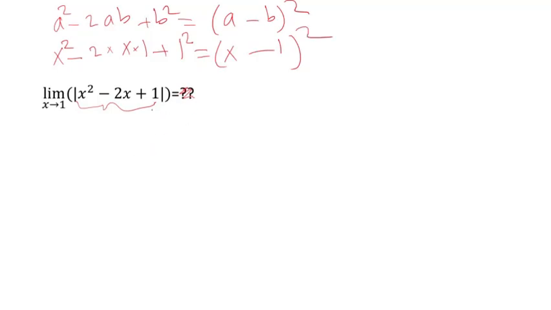So this limit here, you can write this if you want, or just write the quantities. So x squared minus 2x plus 1, I can just replace it with x minus 1 quantity squared. In this case, we know this here is always positive because something that's squared is always positive.